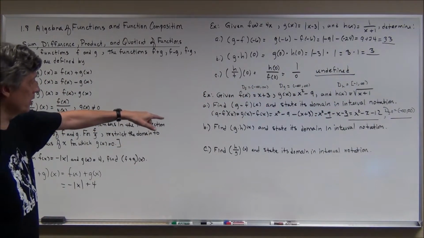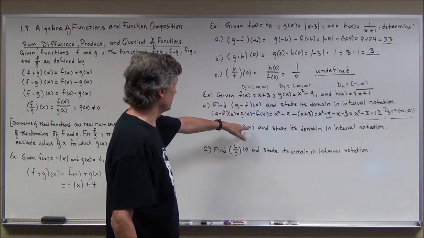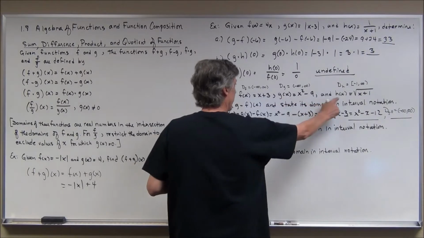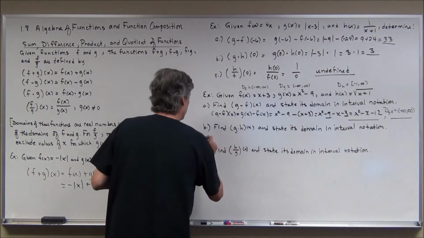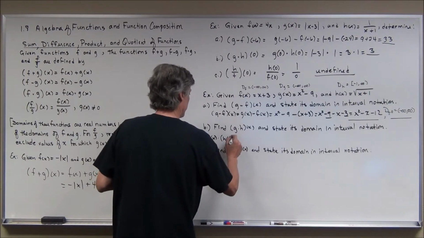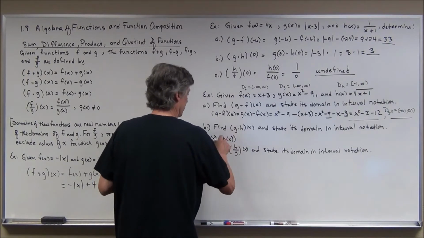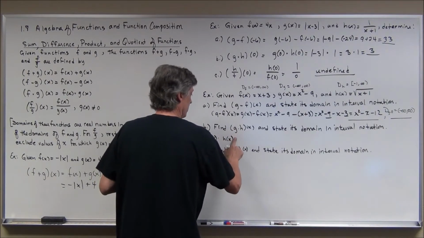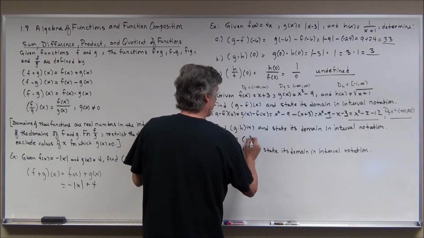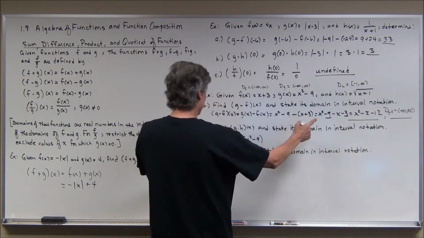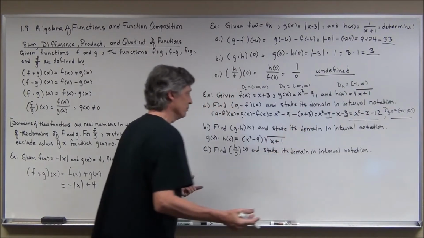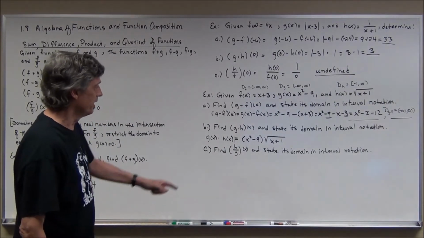For part B here, it says g times h of x. So what we're going to do is we're going to multiply g and h here. This would be g of x times h of x. I don't think we need the second set of parentheses. We'll get rid of those. And this would be equal to g of x, which is the quantity x squared minus 9, times h of x, which is the square root of x plus 1. Well, there's really not much you can do to simplify this expression.